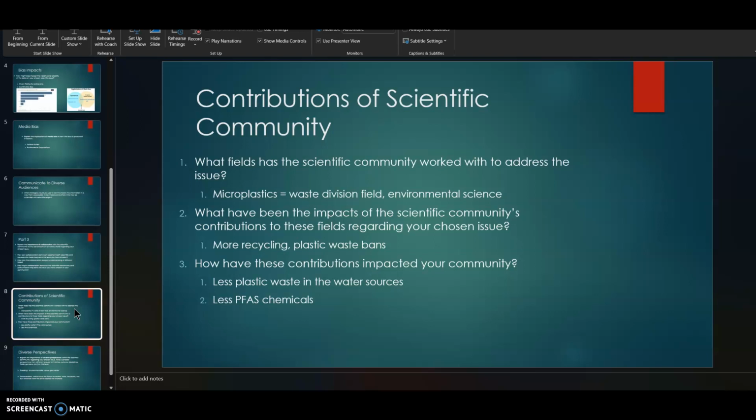Because of that, we now have more recycling. There have been some plastic waste bans, and it has impacted the community: there's less plastic waste and less PFAS chemicals in our water sources.